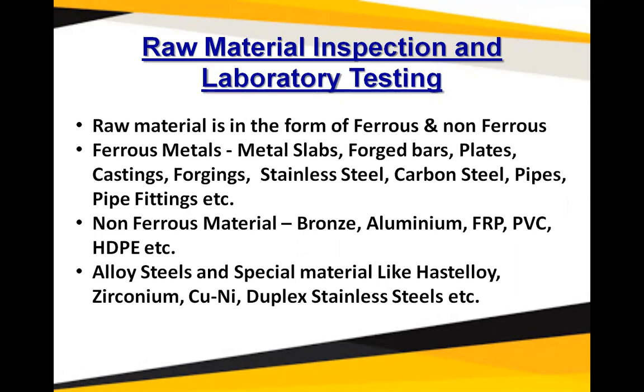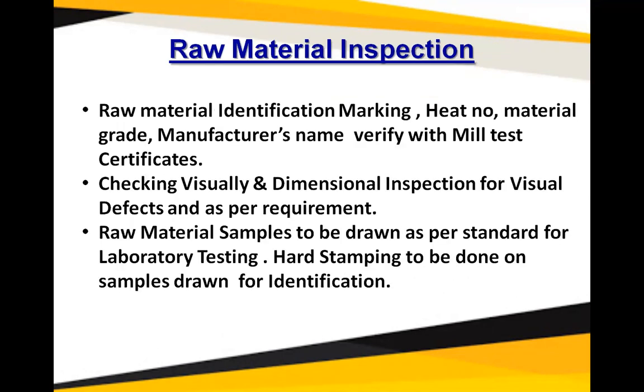So we'll see how the raw material inspection is first carried out. Visually, you have to identify the marking on the raw material. In the marking you will see the heat number, material grade, manufacturer's name, that you have to verify with the mill test certificate. We generally call it MTC.